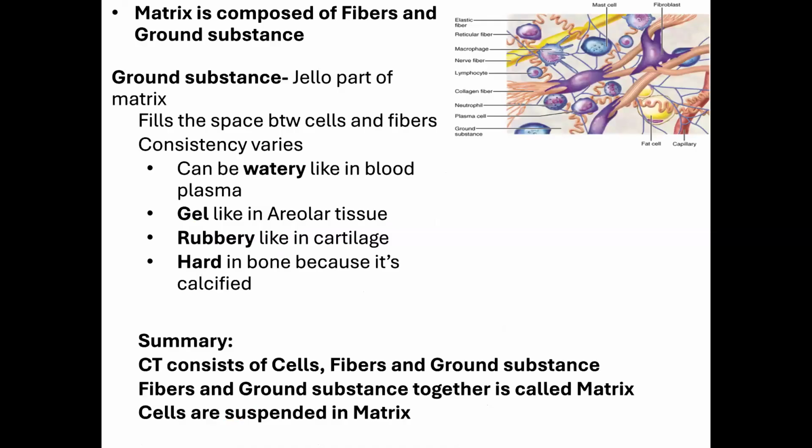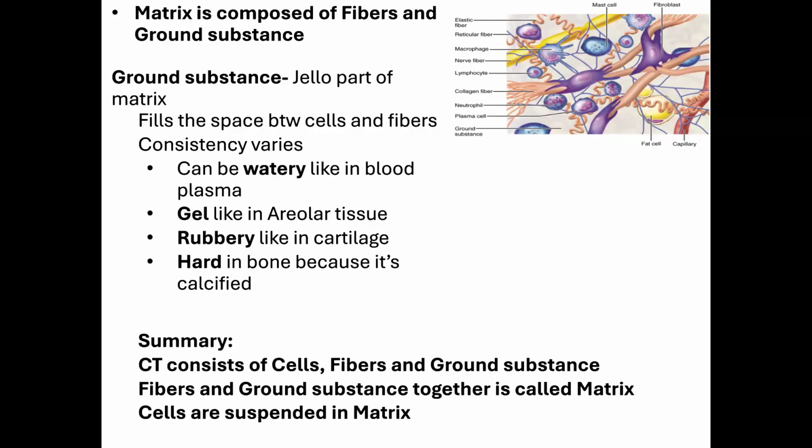Again, I told you that matrix means there are fibers and there are ground substance. So the ground substance is what I described as the jello part of the matrix. So that's what fills between the cells and the fibers. So here you can see there's a lot of space here, and you can see there's a lot of cells here. But this ground substance, it could be watery.